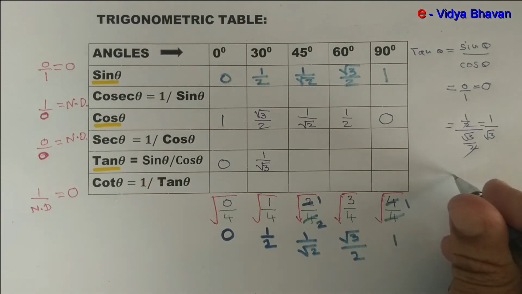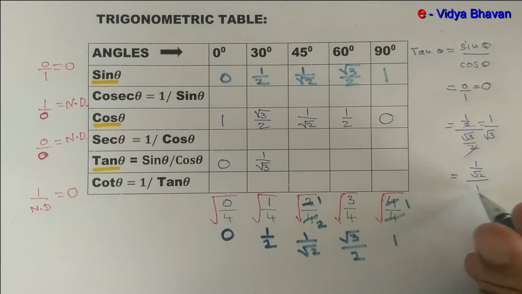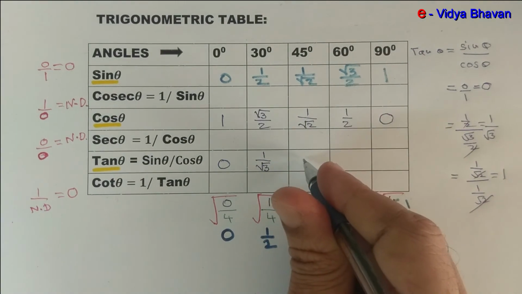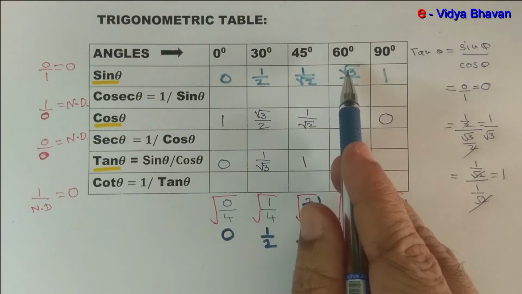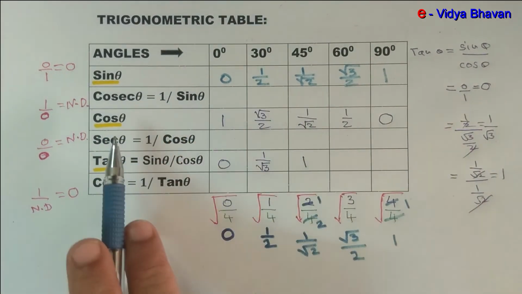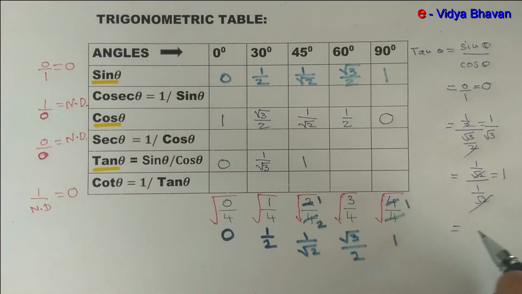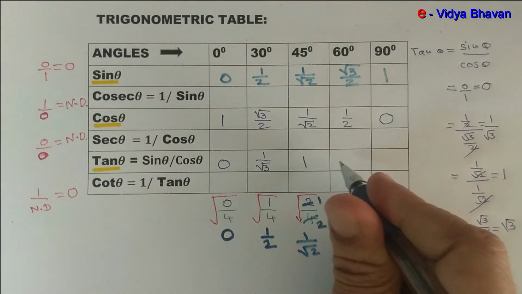We substitute 1 upon root 2 over 1 upon root 2. Root 2 and root 2 cancel and we get 1. For 60 degree, sin theta is root 3 by 2 and cos theta is half. So we take root 3 by 2 upon 1 upon 2. The 2s cancel and we get root 3.